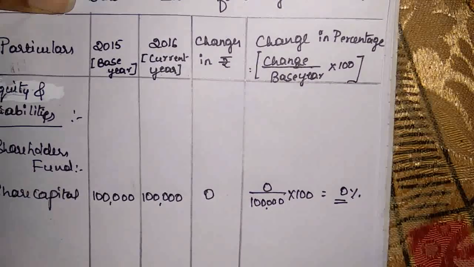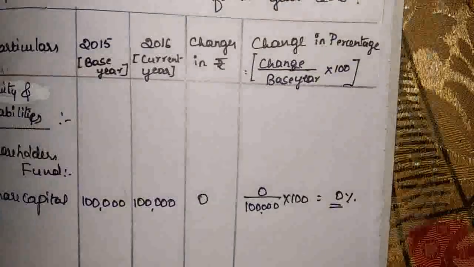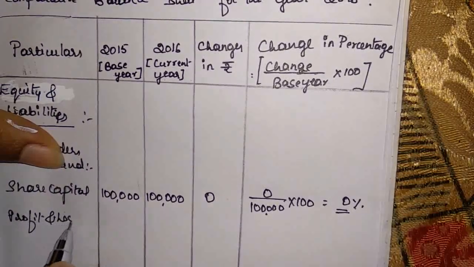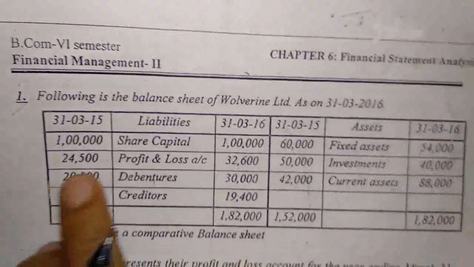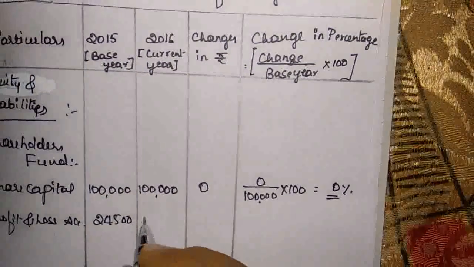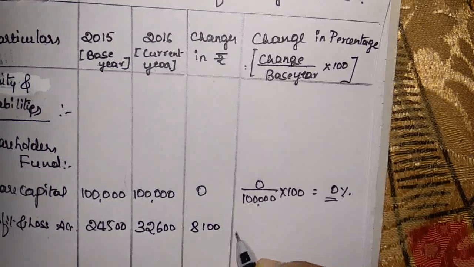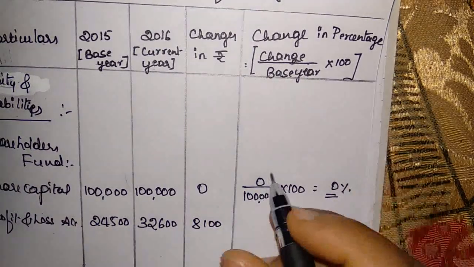So 0%. And the second component of shareholders fund is profit and loss account. Profit and loss account in the previous year is 24,500 and in the current year 2016 it is 32,600 and the difference is 8,100. So change in percentage you have to calculate.